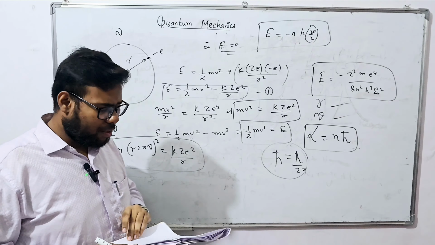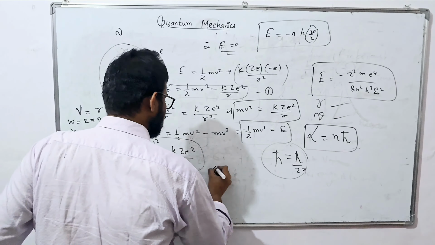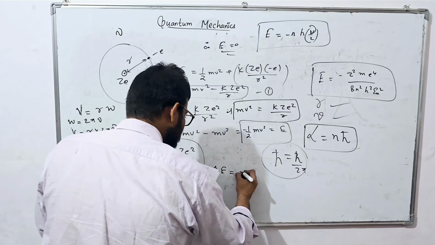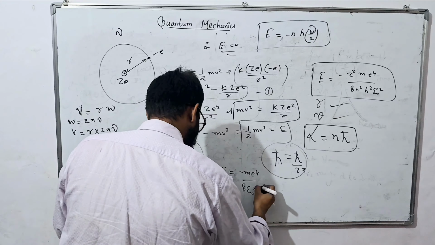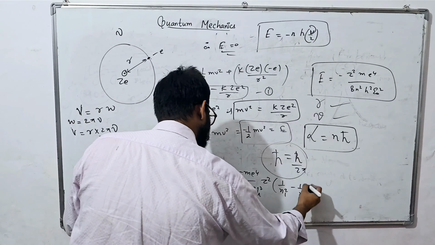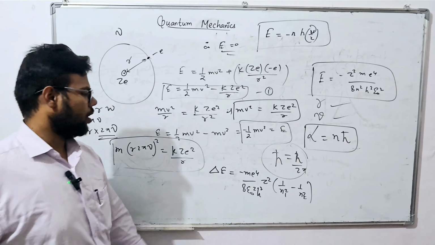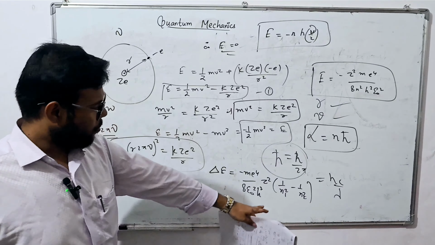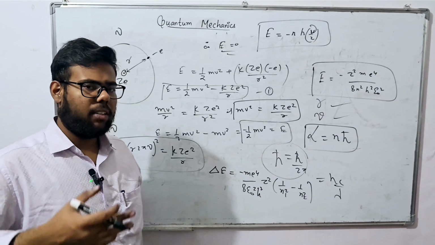Okay, so let's move on. Obviously, if you see the delta E, the change in energy, it is equal to minus m e to the 4 upon 8 epsilon naught square h square into z square into (1 upon n1 square minus 1 upon n2 square). From this you can set it equal to hc by lambda, put n1 as any quantity, and then you can solve it.